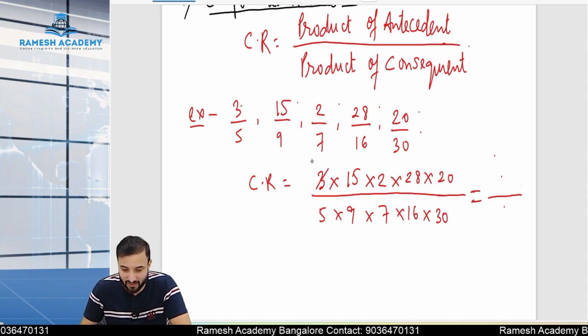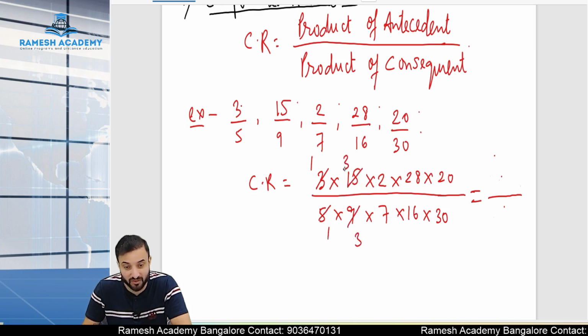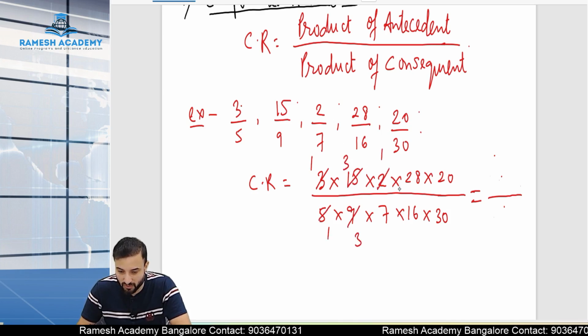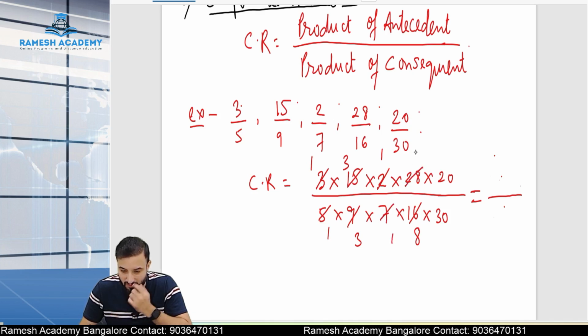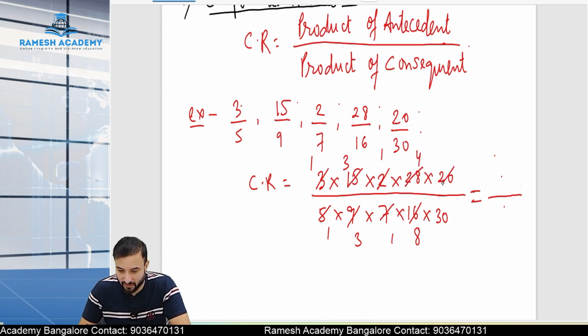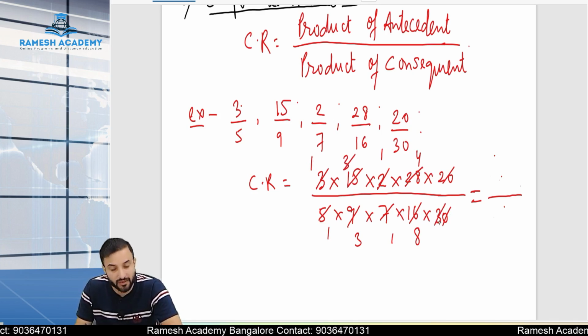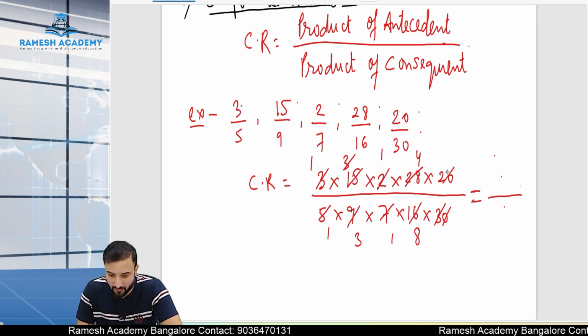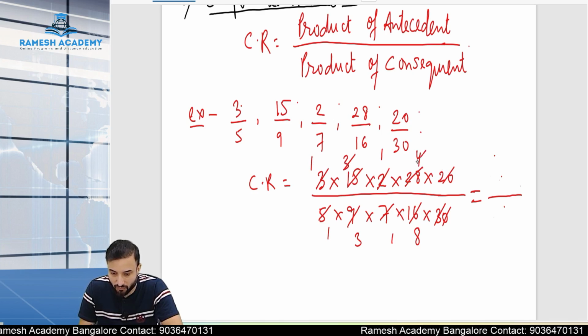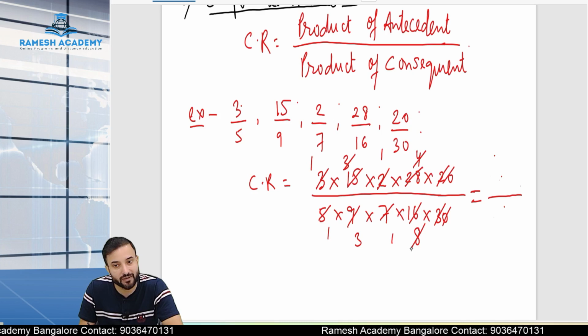So we will cancel here. 3 1s are 3, 3 3s are 9, 5 1s are 5, 5 3s are 15, then 2 1s are 2, 2 8s are 16, 7 1s are 7, 7 4s are 28, then this 0 and this 0 will get cancelled. So now you will see here 3 and 3 will get cancelled, right? This 0 and 0 will get cancelled, so it is 2 and 3, so 3 will get cancelled. So here 4 8s will get cancelled.